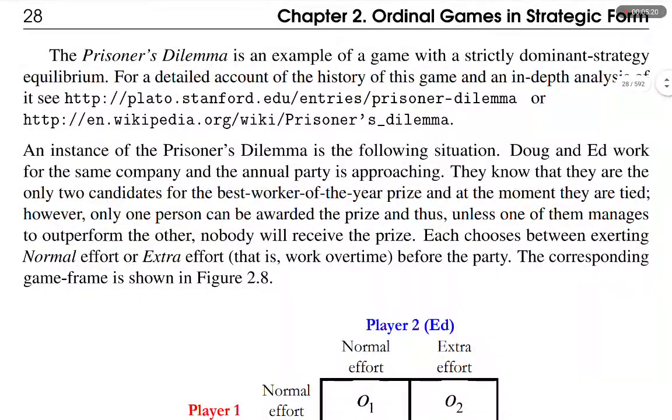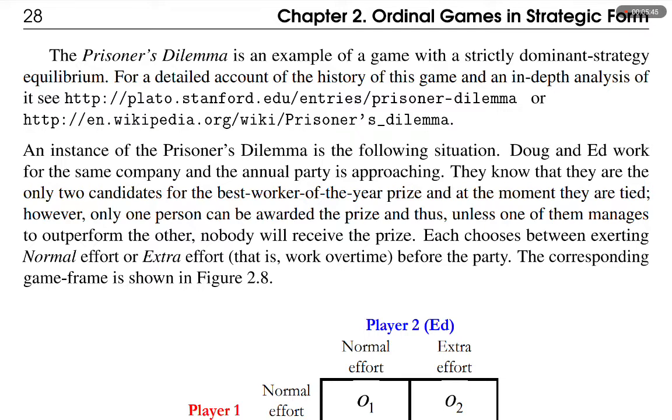The Prisoner's Dilemma is an example of a game with a strictly dominant strategy equilibrium. For a detailed account of the history of this game and an in-depth analysis of it, see the Stanford Encyclopedia of Philosophy, link in the text, or Wikipedia, Prisoner's Dilemma.